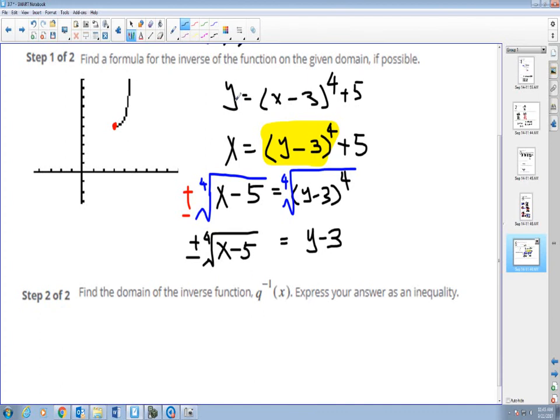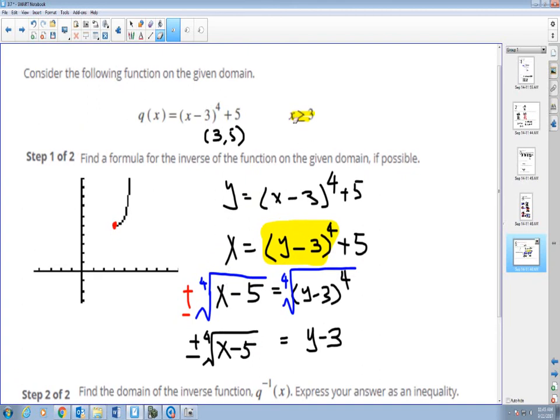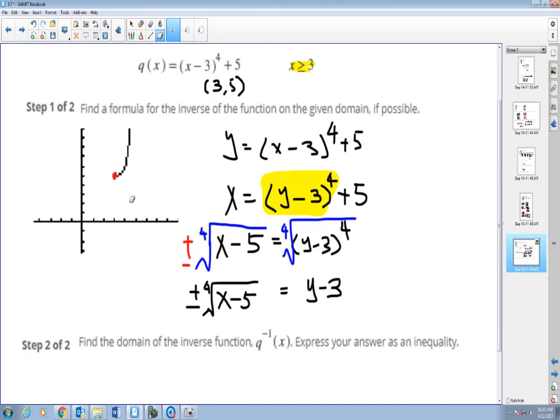Now, I cannot use the negative because I have to look at x values where x is bigger than or equal to 3. So by looking at this function right now, think about this.